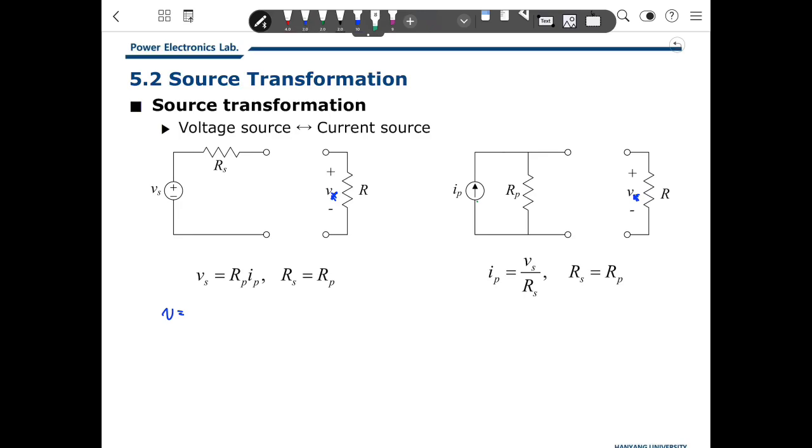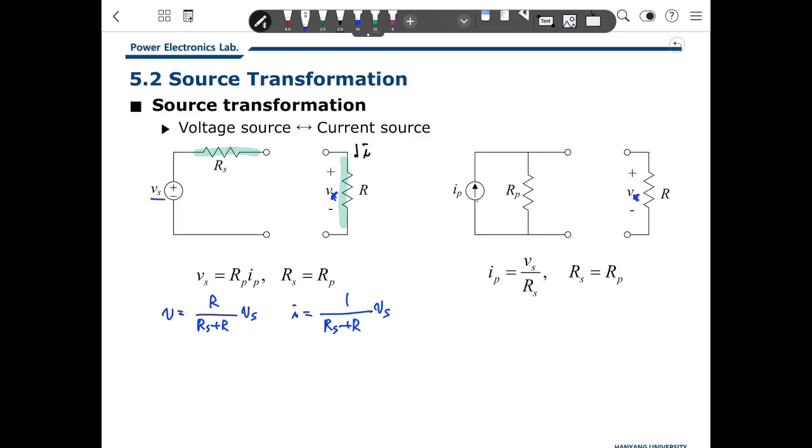V is a divided voltage here and here. So V will be R over Rs plus R, times Vs. Vs is the source voltage. And I want to define the current here, the current I. I will be Vs over Rs plus R.